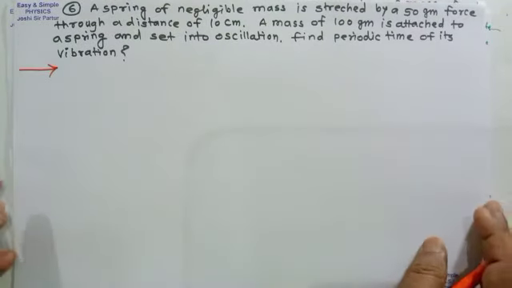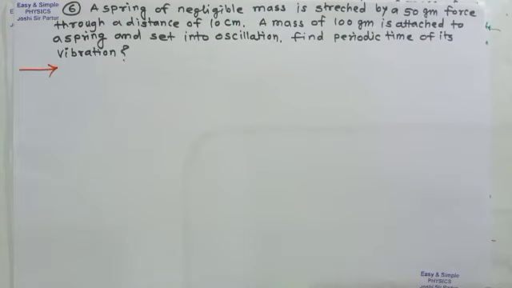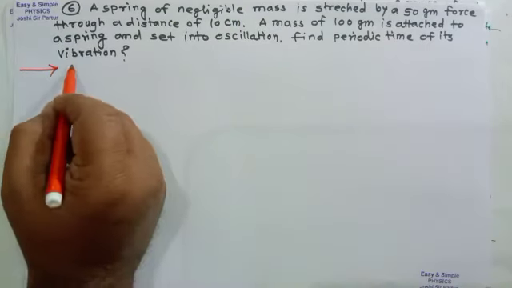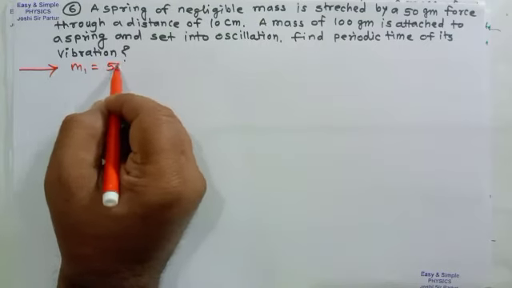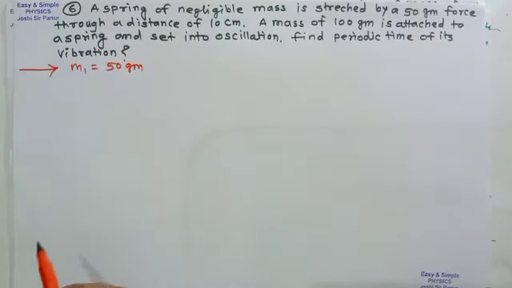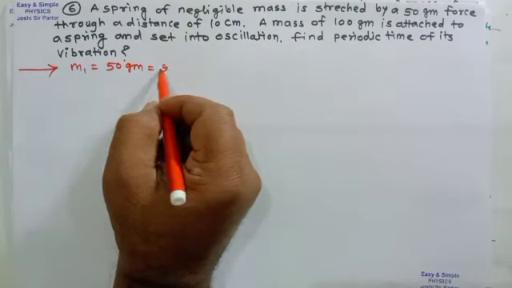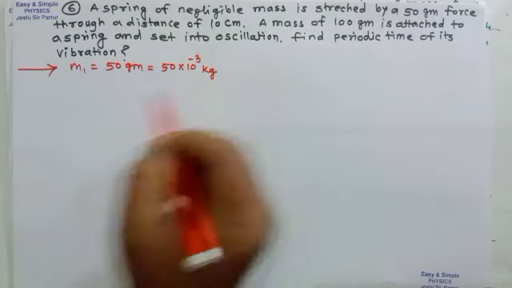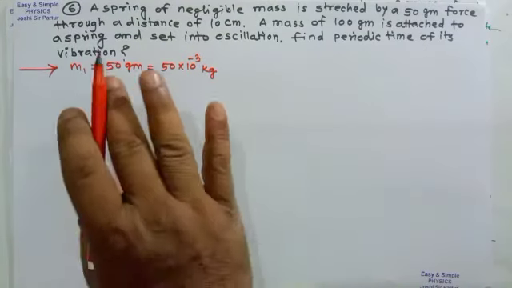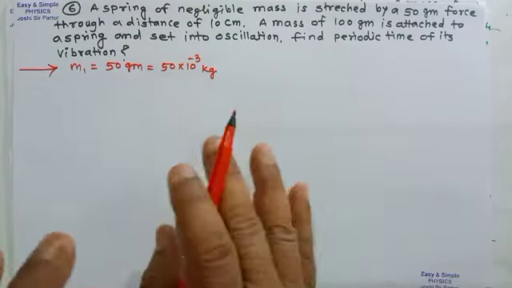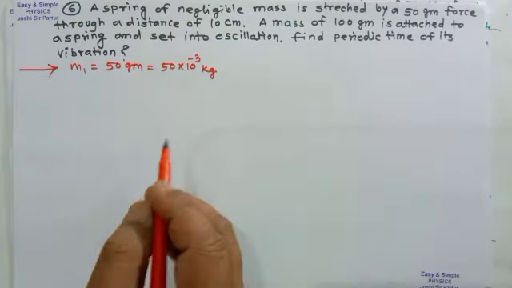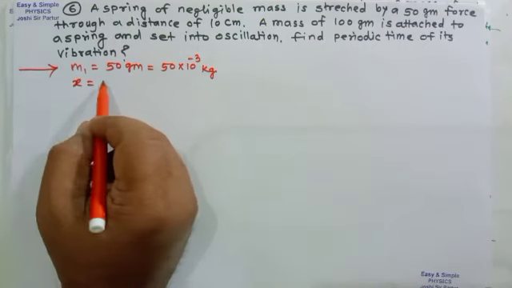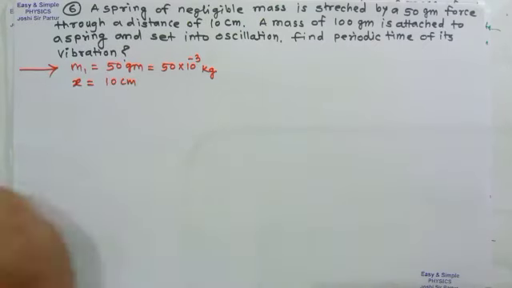So here, if we solve, first of all the data is taken. Mass m1 will be 50 gram, that is 50 into 10 to the power minus 3 kg, or if we use the CGS system, there is no change. X from mean position will be 10 centimeter.